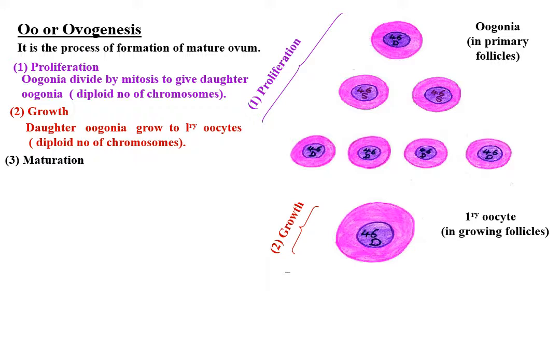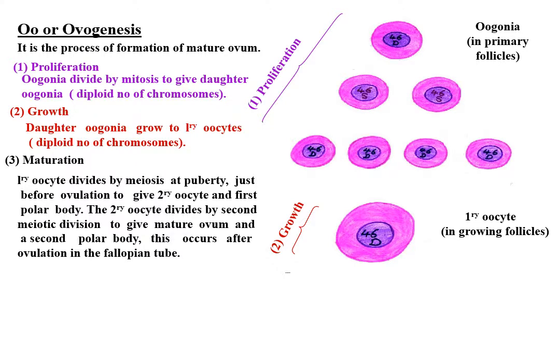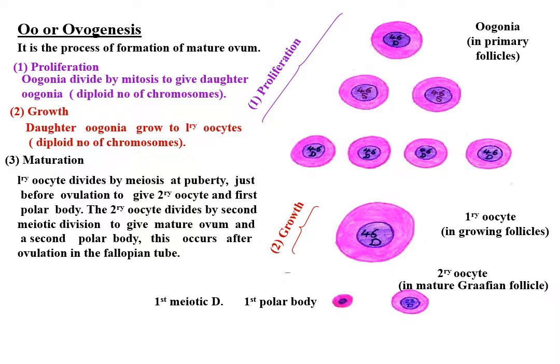Maturation. Primary oocyte divides by meiosis at puberty, just before ovulation, to give secondary oocyte and the first polar body, the first meiotic division, resulting in haploid number of chromosomes, but still diploid amount of DNA.